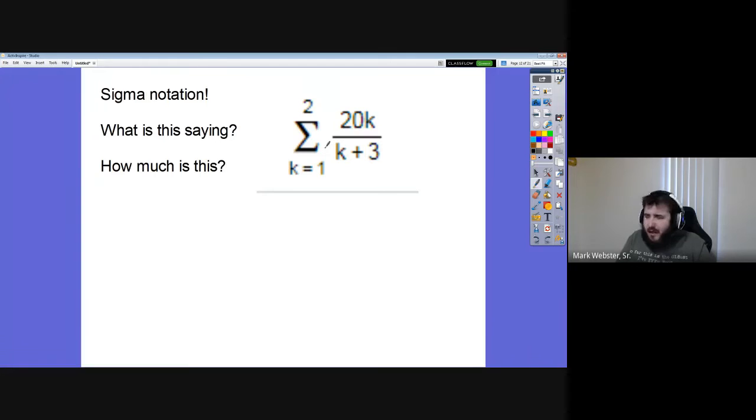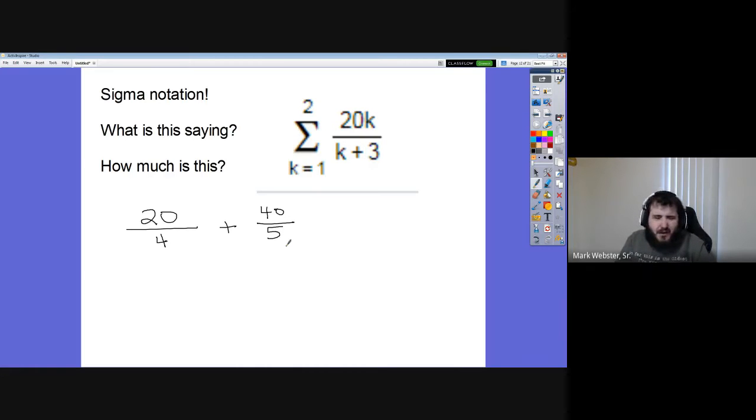So let's actually write this out so we can see what it is that we actually have. For term number 1 of this summation, we've got 20 times 1 over 1 plus 3, right? And we'll simplify this in a second, but let's write down the second term too. 20 times 2 over 2 plus 3.